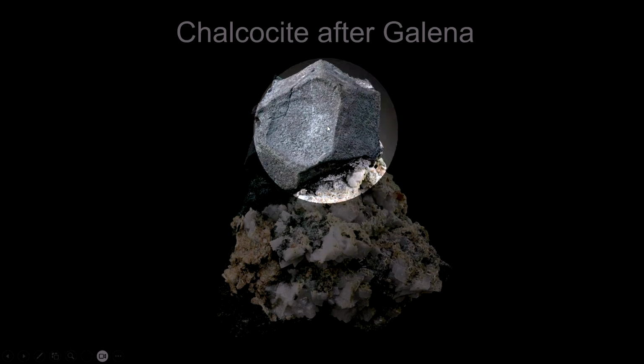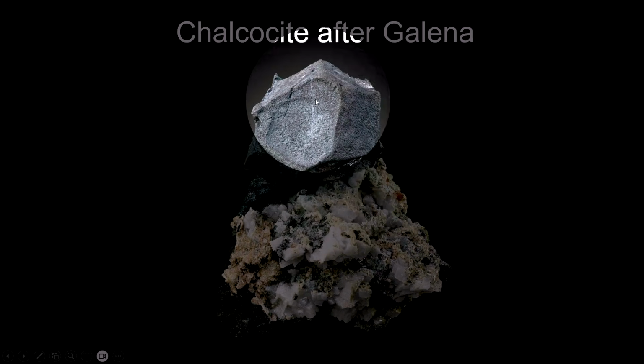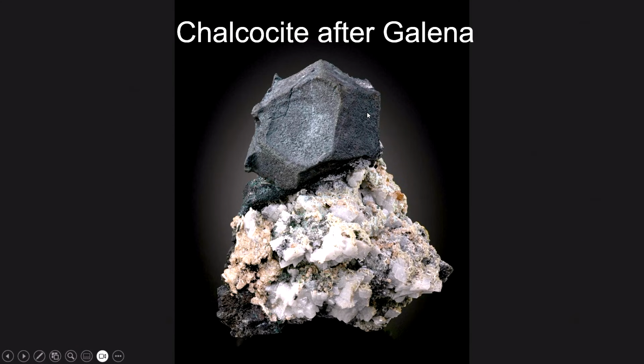The face here is somewhat concave, and the reason for that is that the size of the chalcocite crystal or crystal lattice is smaller than galena, so the overall specimen has shrunken somewhat.